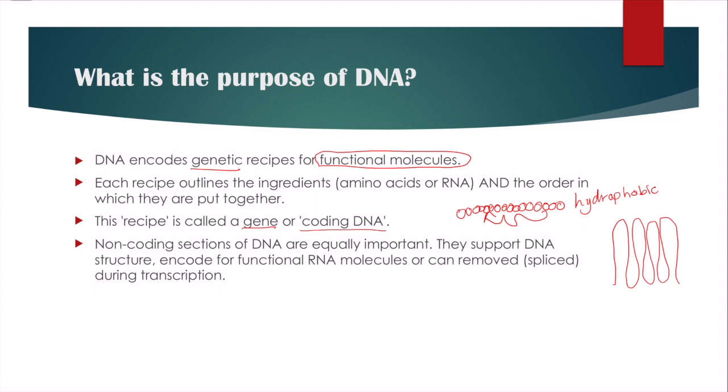So the order of the amino acids, or the order of the nucleotides for RNA, and their characteristics, so whether they're water-loving, water-hating, what type of charge they have, that actually will then affect how they fold when they're made. That's what that point's about.